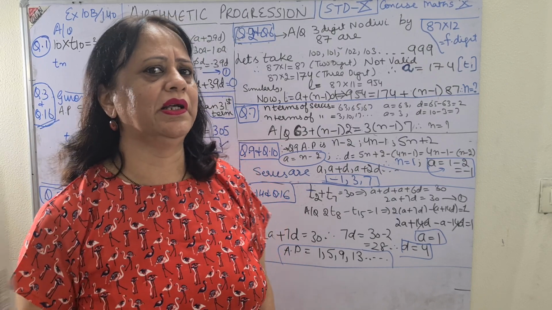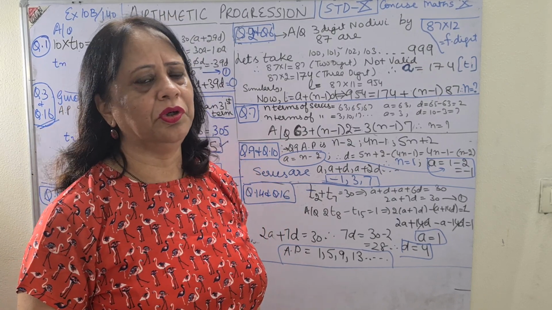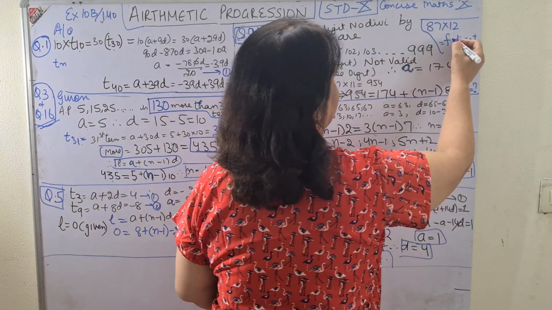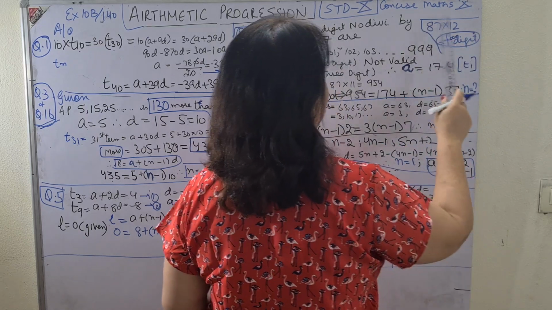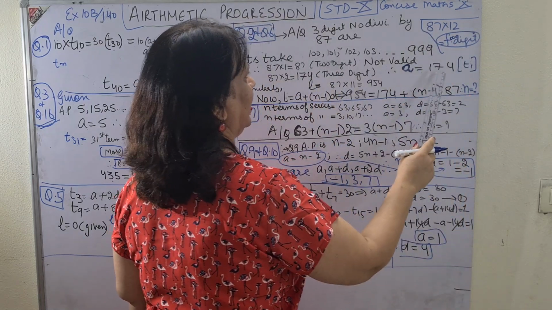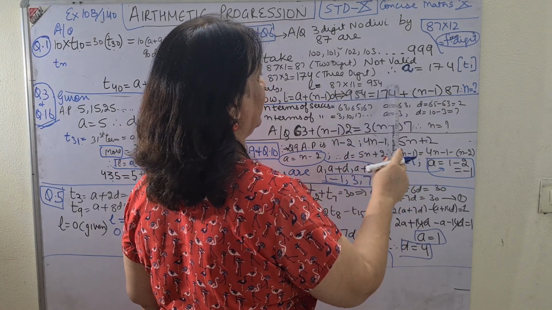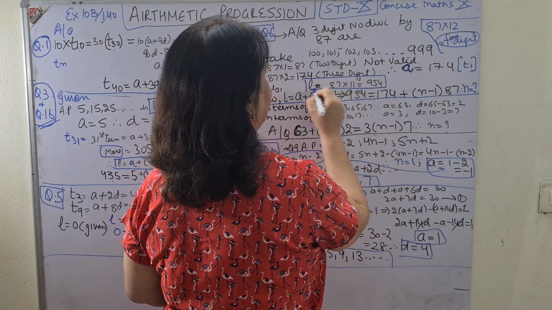Hit and trial method. 87 tens are 870, 87 elevens you can go. Then 87 twelves, when you do 87 into 12, it will become 4 digits. And again, my condition is 3 digits. So 87 into 11 will give me the last number, that is 87 into 11, I got 954. So L is equal to 87 into 11, which is 954.